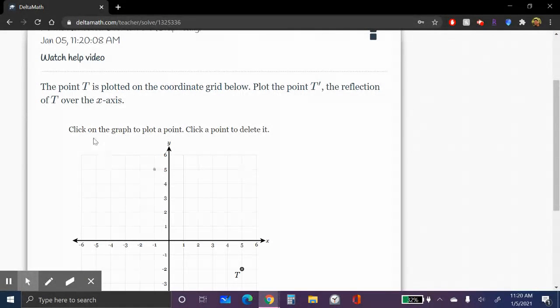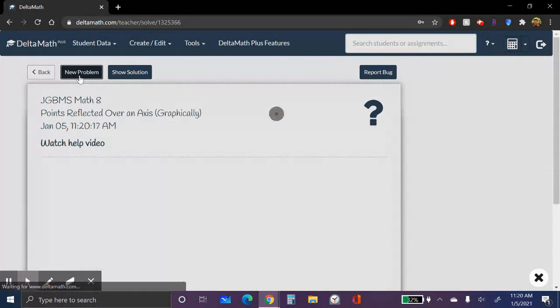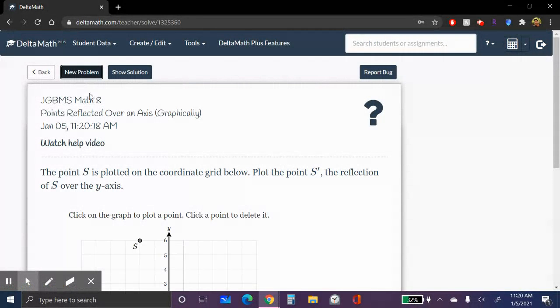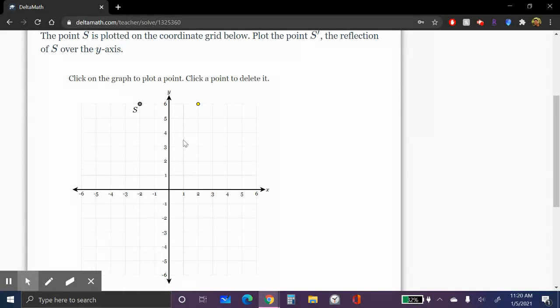We got the point T, and we're reflecting it over the x-axis. Let's do a y-axis one. Here we go, S. You're reflecting it over the y-axis. This goes left 2, that means its prime image is going to go right 2.